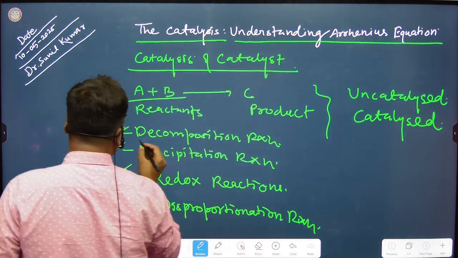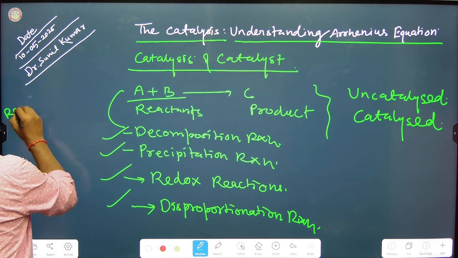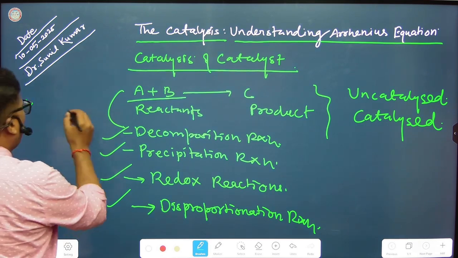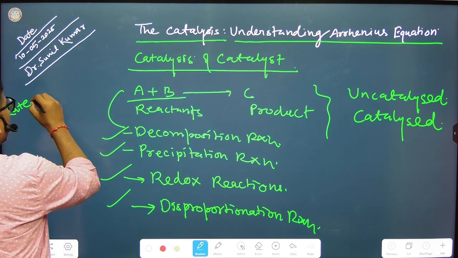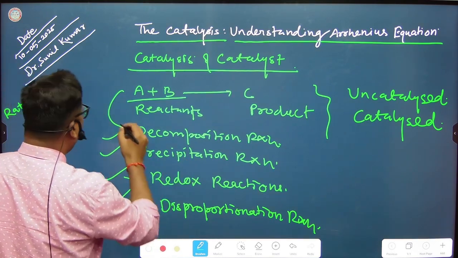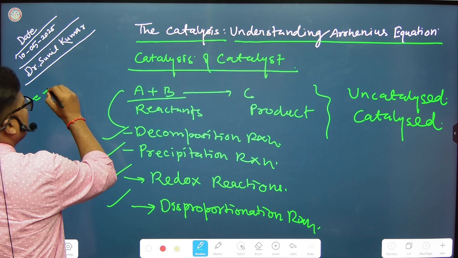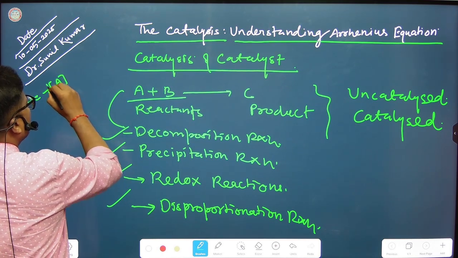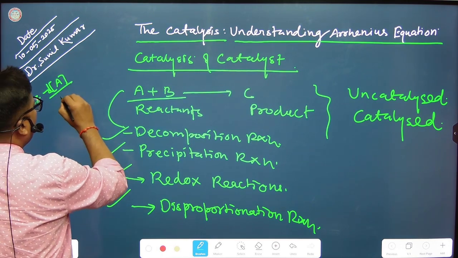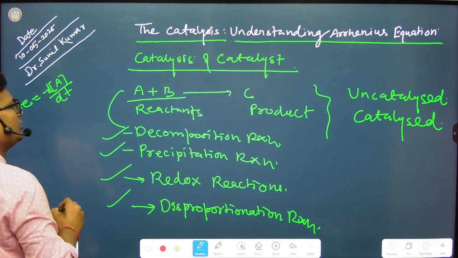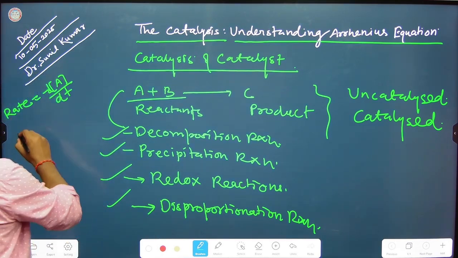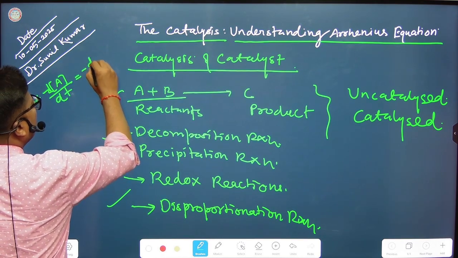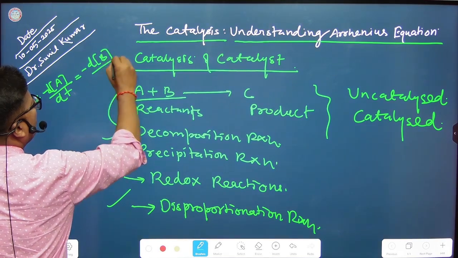As you know, the rate of any reaction depends on this. So this is the concentration of A for a small change, dA upon dt, right? And for the reactant B, it is equal to minus dB upon dt.